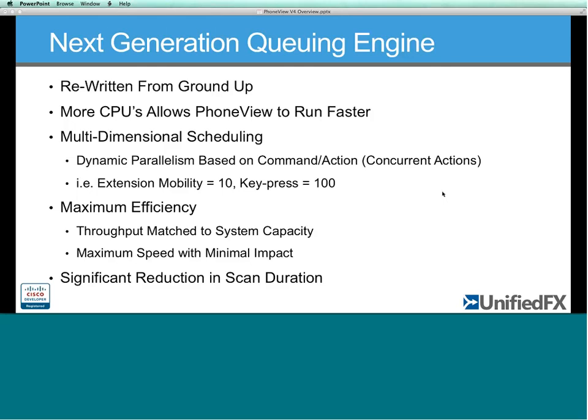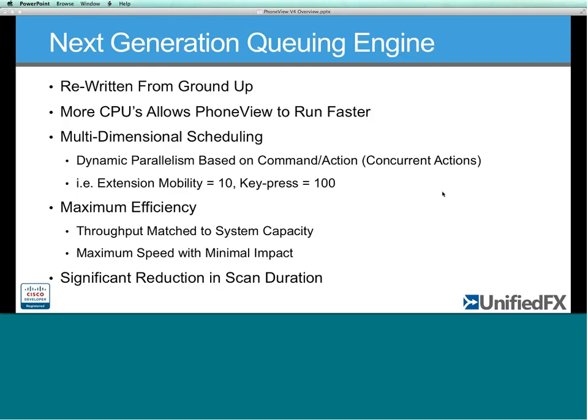To give you a feel for that, the concurrency is basically running against each CPU. So the more CPUs you have, the faster PhoneView can run bulk actions. It doesn't mean you always need lots of CPUs, but the more you have, the faster the software can run. It properly leverages all that extra capacity in your system.